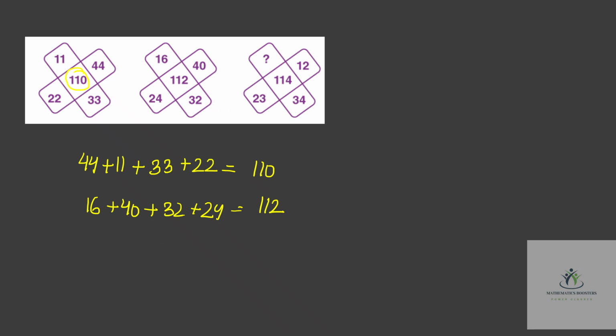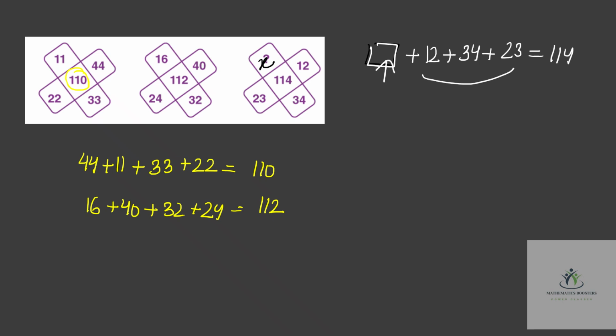Here the middle number is given. So let this be x. We don't know this number. Let it be x, or you can keep it as a box only. Plus 12 plus 34 plus 23 is equal to 114. So you need to find this number.